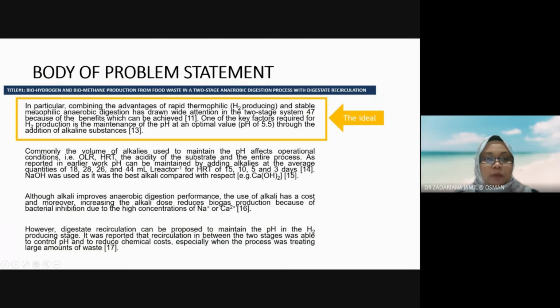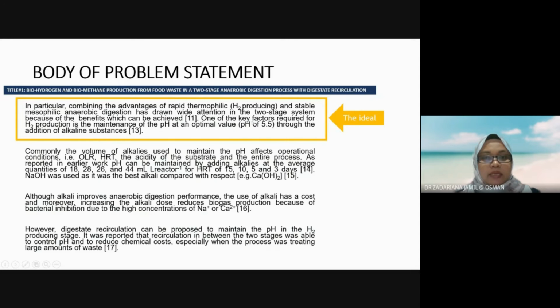In this problem statement, if you can see here, it emphasizes the ideal of the situation for the biomethane and biohydrogen production. So in particular, combining the advantages of rapid thermophilic and stable mesophilic anaerobic digestion has drawn wide attention in this two-stage system because of the benefits which can be achieved.